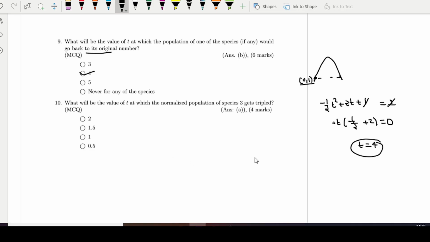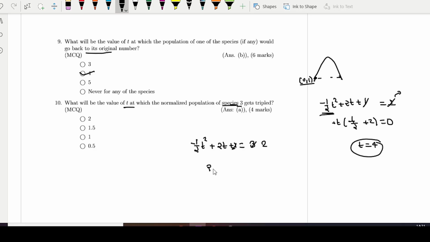The last question is, what will be the value of t at which the normalized population of species 3 gets tripled? So for species 3, this was the equation. Initially its population was 1, so it is asking after what time the population of species 3 will be 3. So minus half t square plus 2t plus 1 is equal to 3, so it will give 2 here.